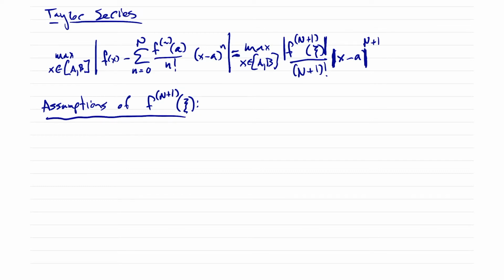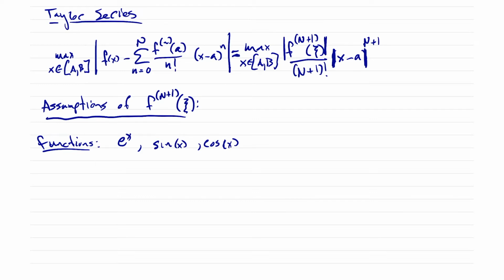Okay. So now let's talk about some assumptions on the nth derivative of f. So if we talked about functions such as e to the x, sine of x, cosine of x, etc., we know that these are all roughly their own derivatives.